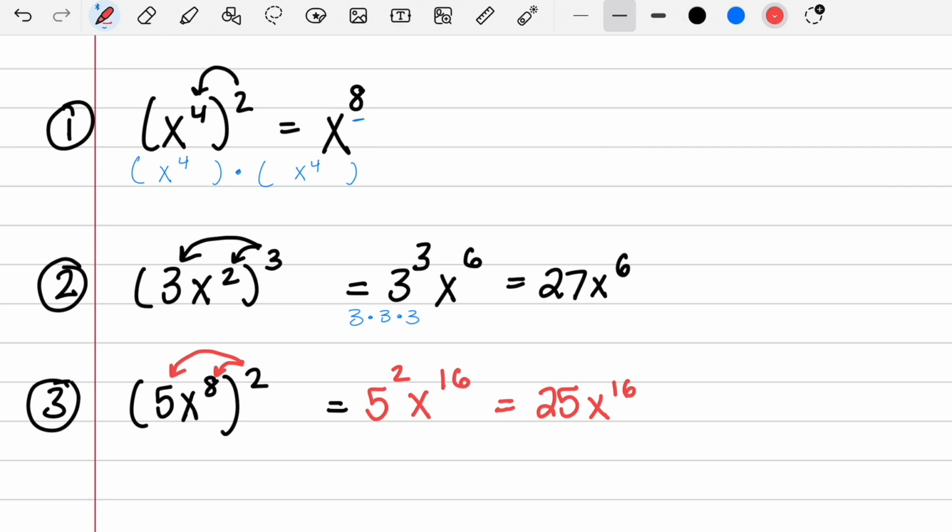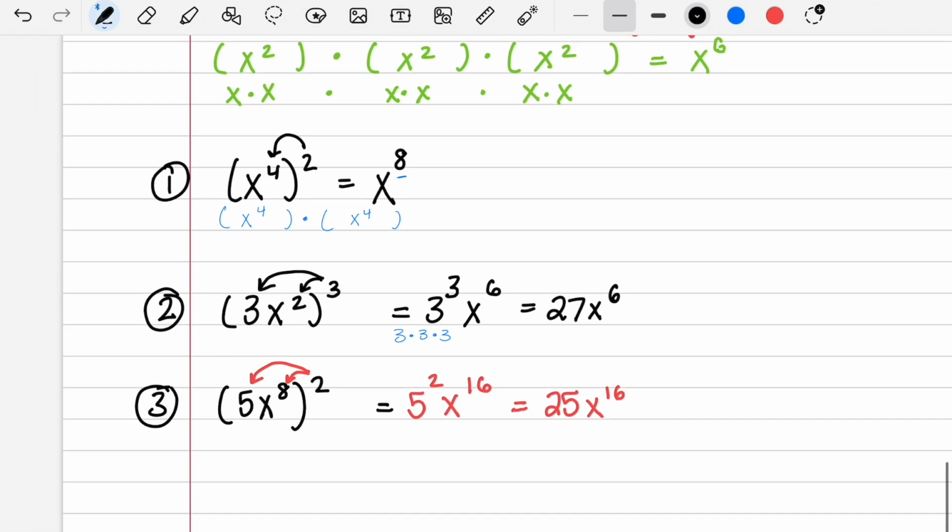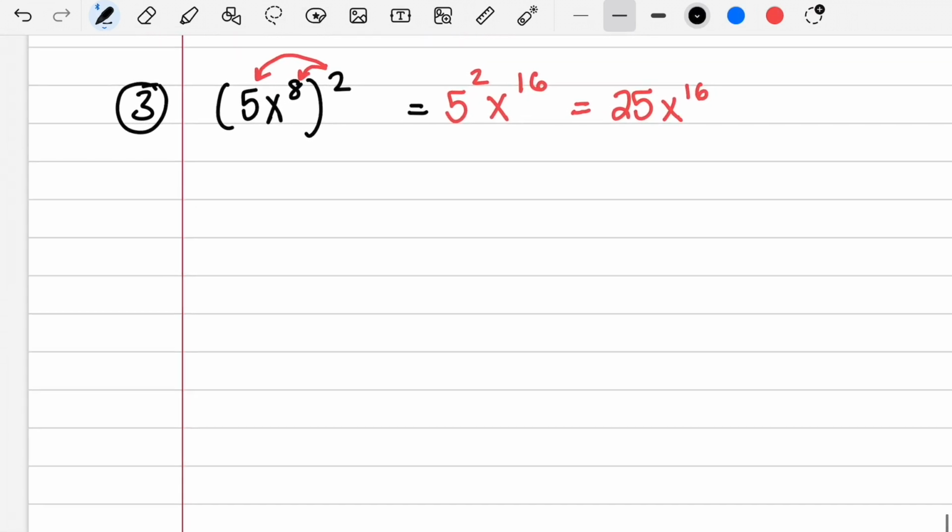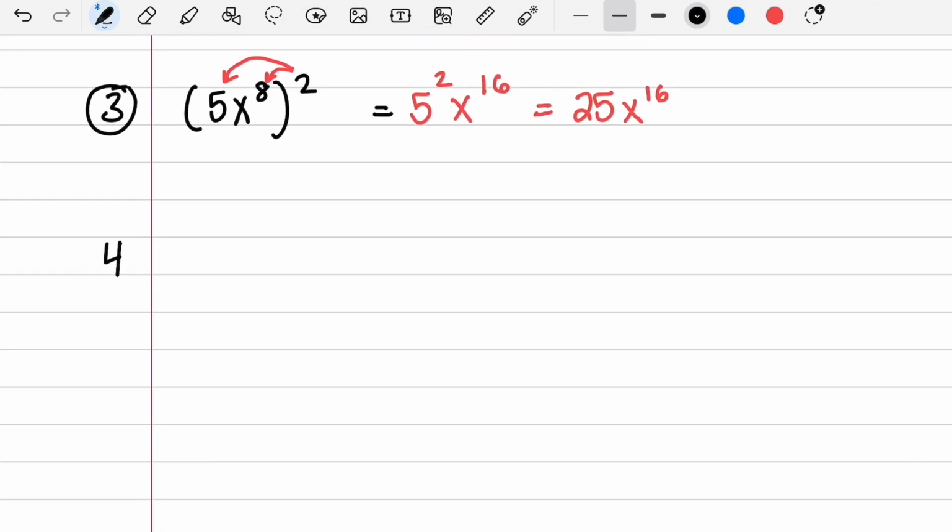Good. Let's try one more in this video, and it's going to be a little bit of a challenge problem. We are going to combine both the power rule that we are learning today and the product rule that we learned in the last video.